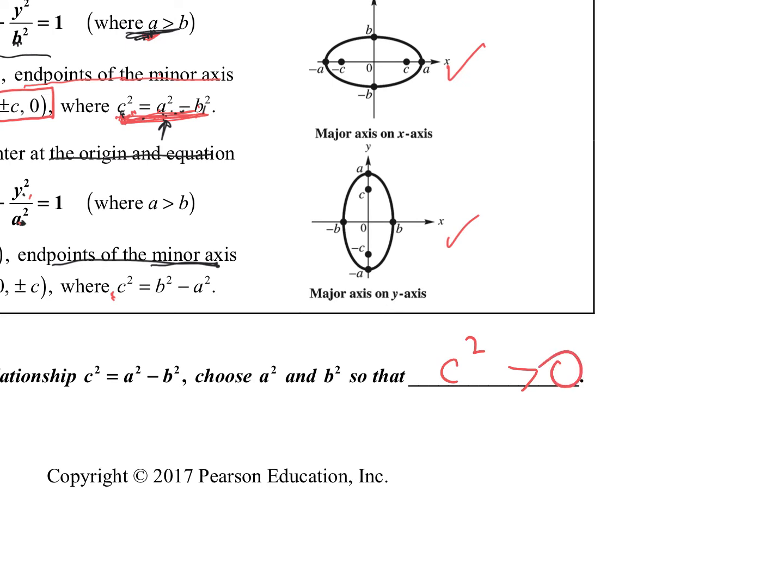If c squared was negative, like -4, you can't take the square root of a negative number. So you want to rearrange your a squared and b squared so that c squared is always your big number minus your small number.